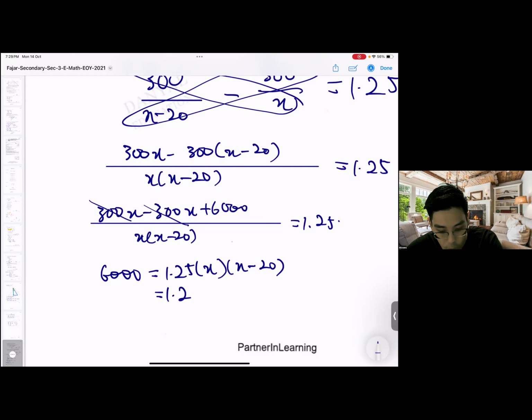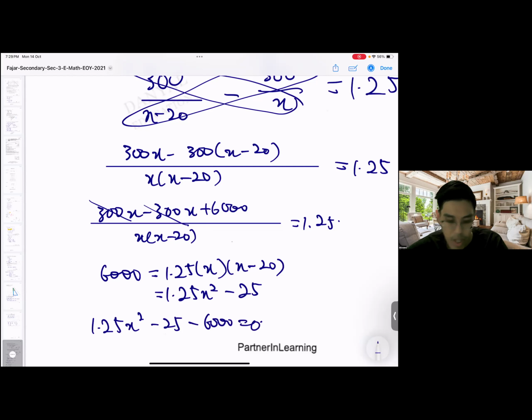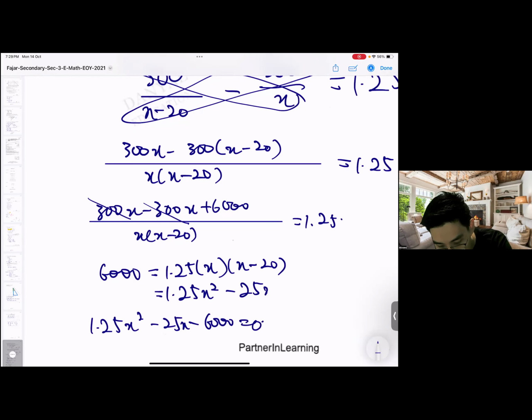So it will be 1.25x squared. 1.25 times 20 will be 25. Then we continue from here. So you get 1.25x squared minus 25x, minus 6,000 equal to 0.